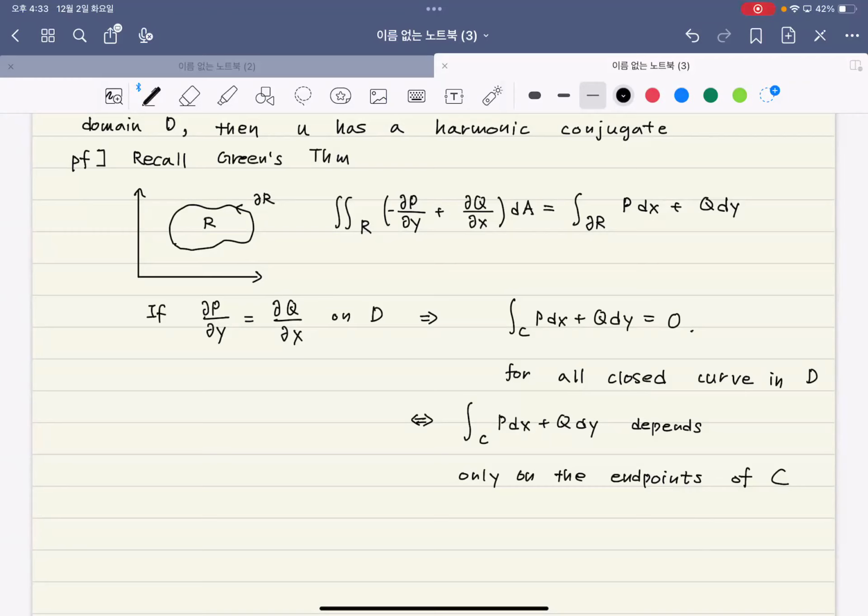And if this condition is true, then it actually implies that this vector field (P, Q) allows its own potential function, right?